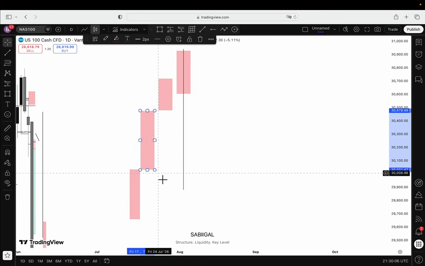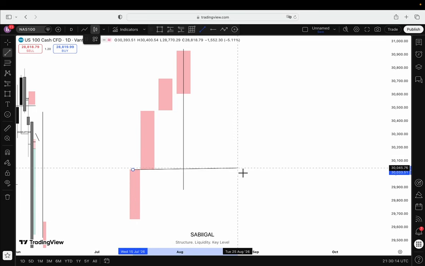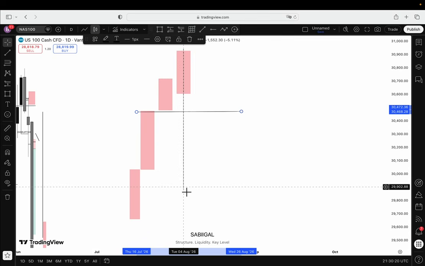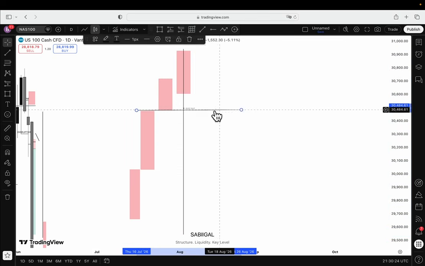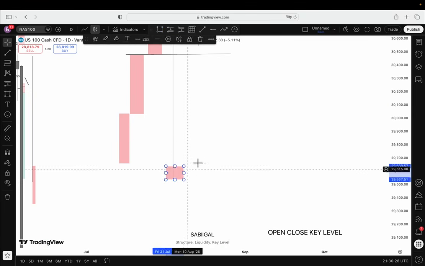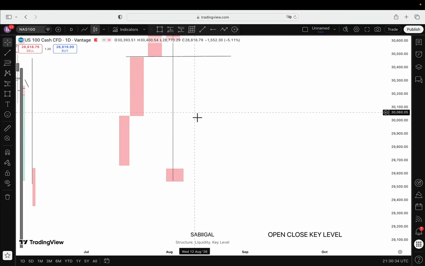If the next candle it taps on is an open close, then the power shifts from here to here. This is where the rejection occurred. But if it isn't, then let it just belong to this one. This is where the rejection is. You just mark it where it stops. You look for the last breakout in the next time frame.